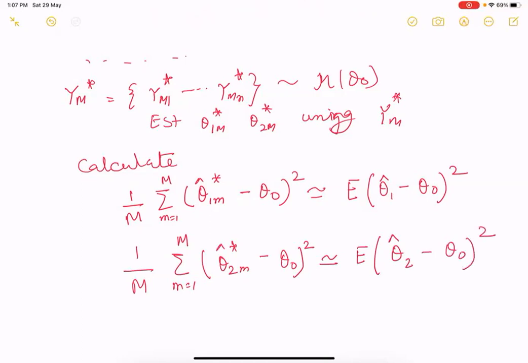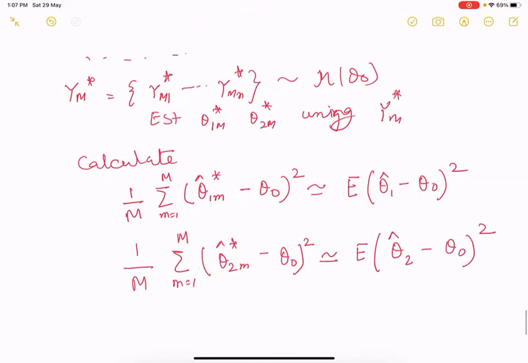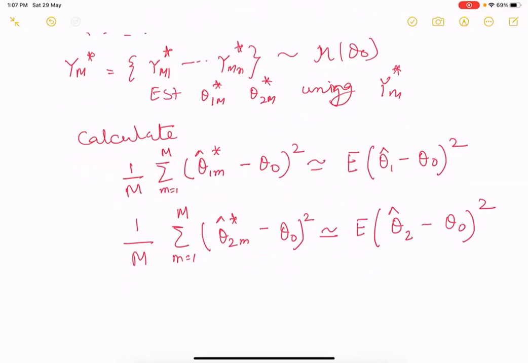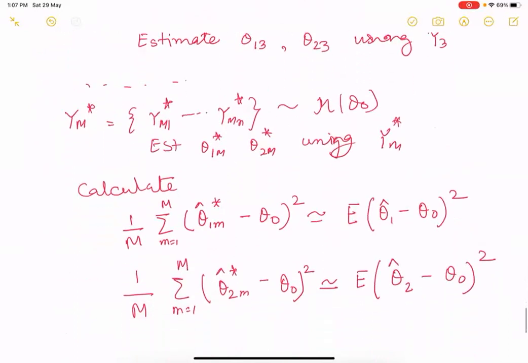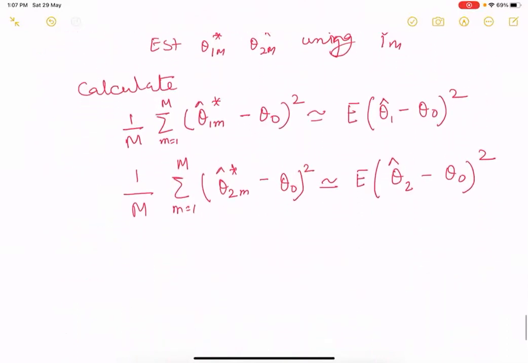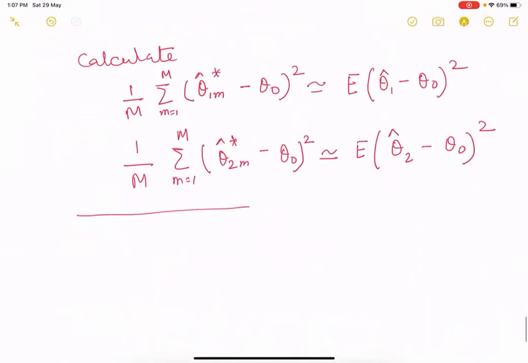Then you can compare the mean square error of theta 1 hat and theta 2 hat, and you know which one is better than the other. So this is typically the Monte Carlo method that people do use.